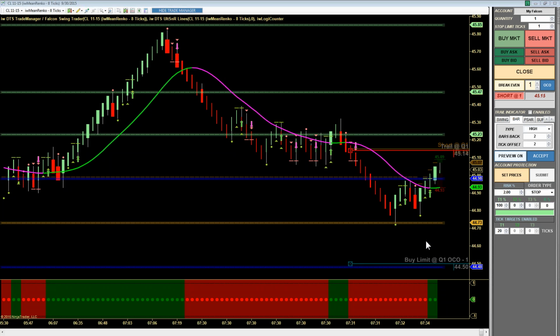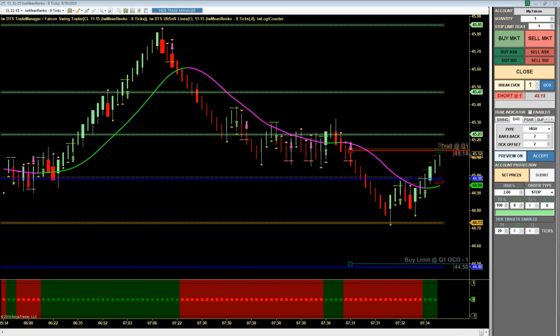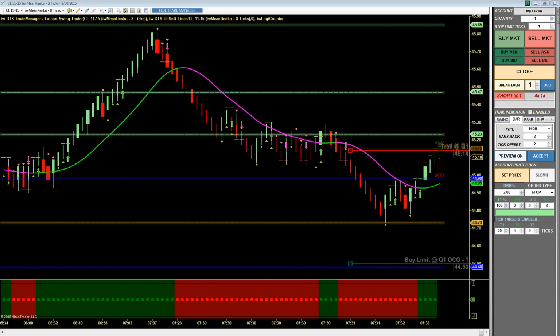So the buyers dug in here on this median line. Sellers are fighting it back. Don't know if we're going to be able to ride out this swing, though. Nope, doesn't look like it. And if we do, that will go in the books as one of my luckiest trades ever.